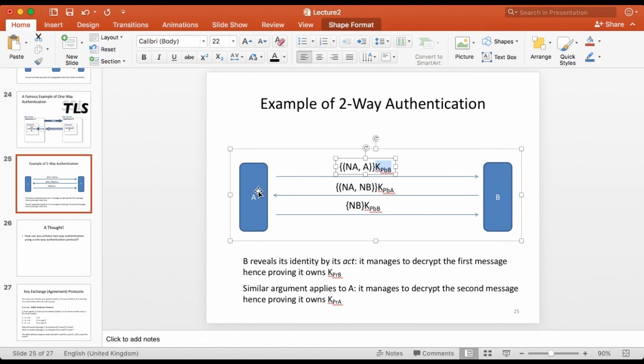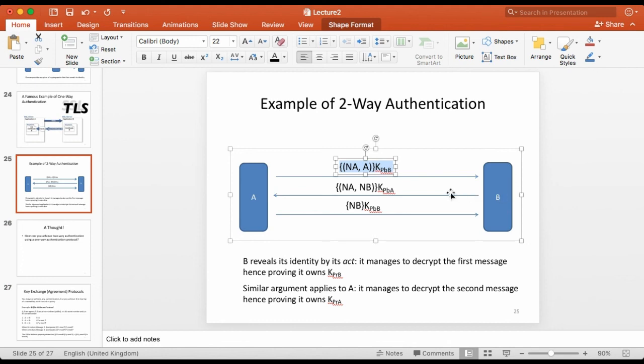In this case, when Alice sends the encryption to Bob, the fact that Bob is able to decrypt this message and then forward the nonce back to Alice in the second message tells Alice that it must have been Bob at the other end. And the reason is because only Bob can actually decrypt this message. No one else can do that in the world.